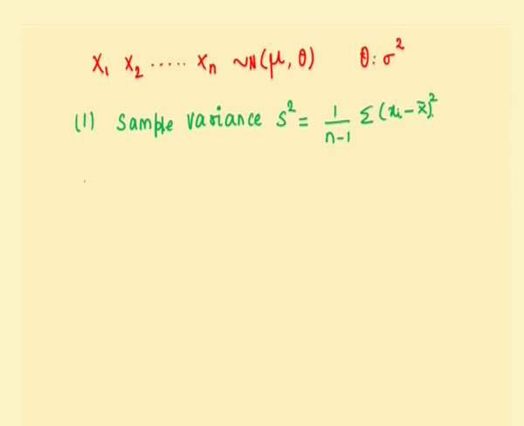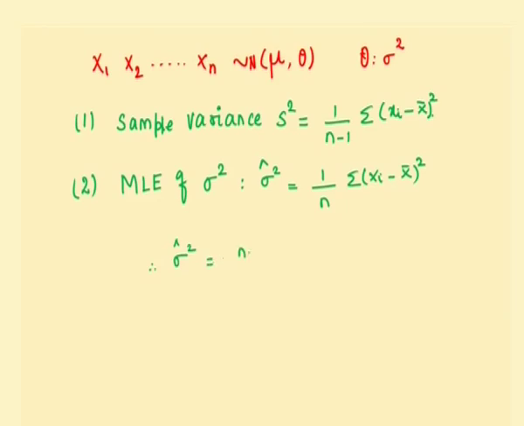In a similar way, we can have the MLE of this sigma square, which is sigma square hat, 1 by n summation of xi minus x bar the whole square. So, there is a small difference, therefore 2 can be approached from 1 obviously. Sigma square hat, if you observe, is n minus 1 by n times S square. So, now we have two estimators.